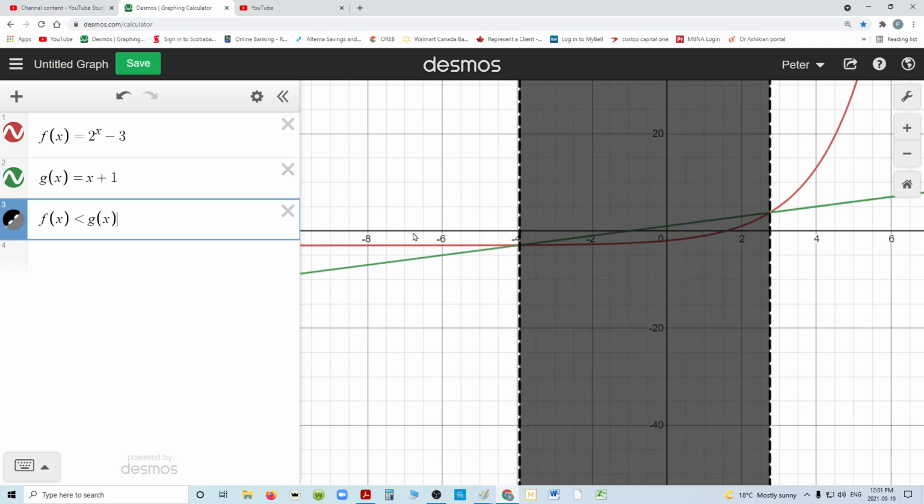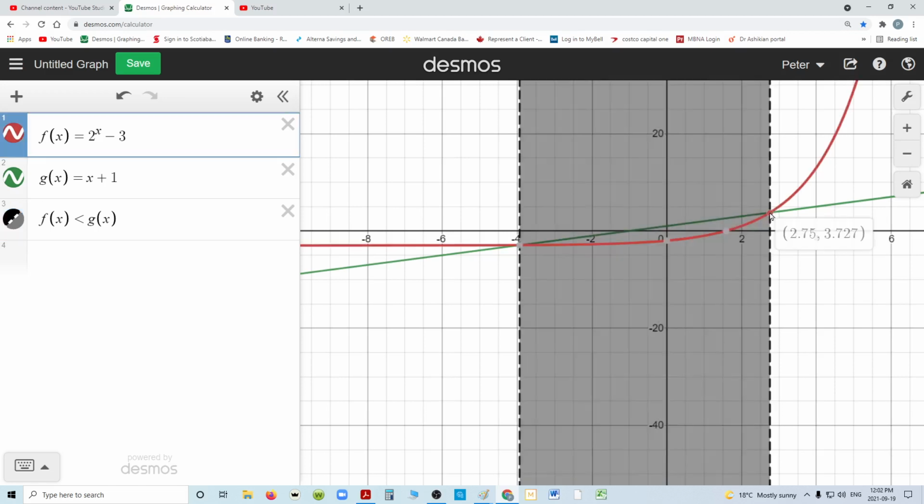And notice that they cross twice, because the line keeps going down and the growth curve flattens. So you can see it's between roughly 2.5 and negative 3.935. Very hard to solve algebraically, but very easy to solve graphically.